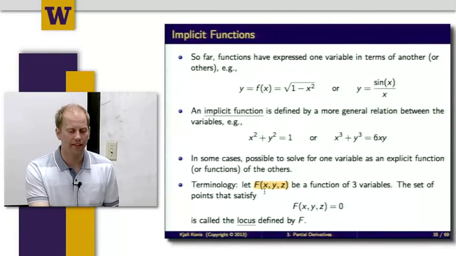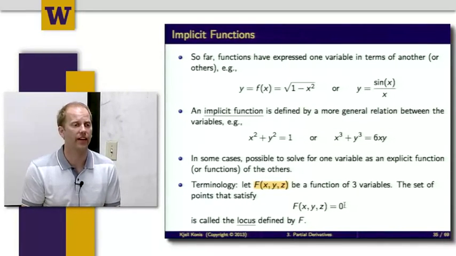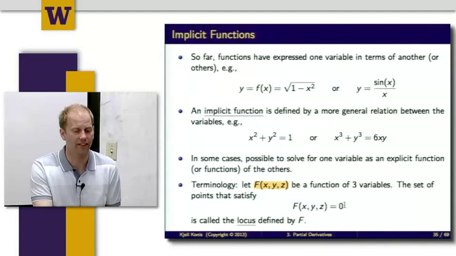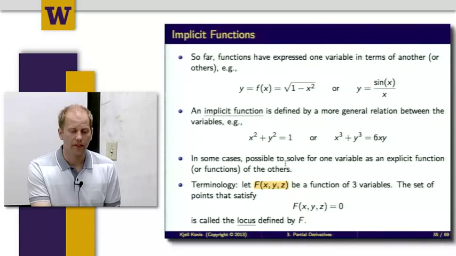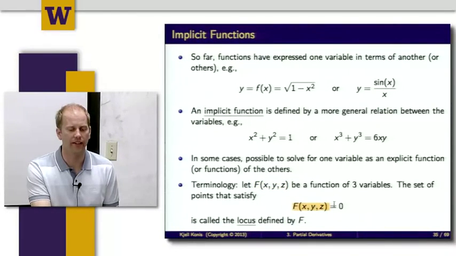I just chose x, y, and z. It could be just x and y, or it could be many, many more variables. This is just an example with 3. So the implicit function is going to be the set of points that satisfy f of x, y, z equals 0. And I'm going to call that set of points where this condition holds the locus defined by f.